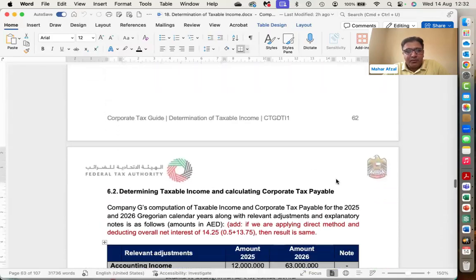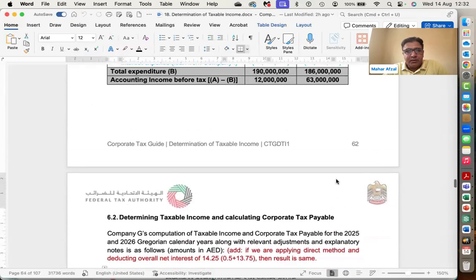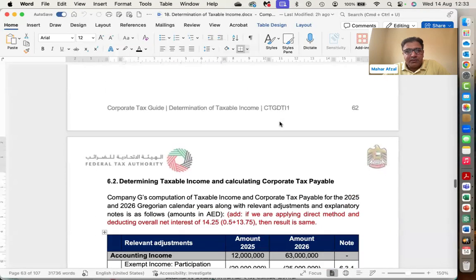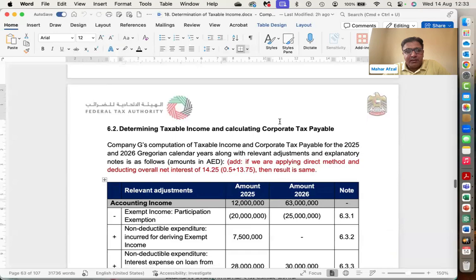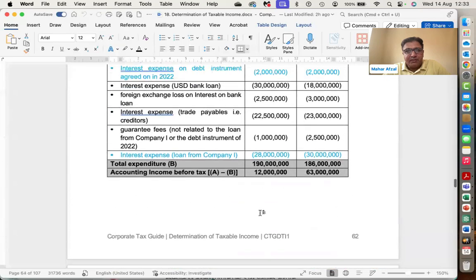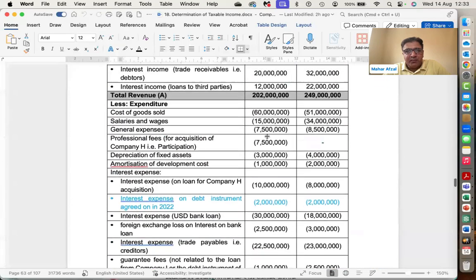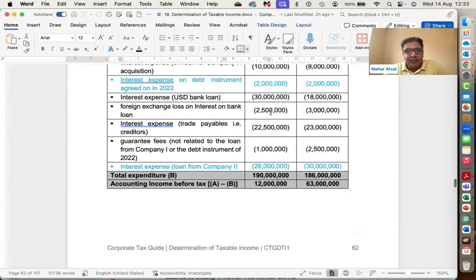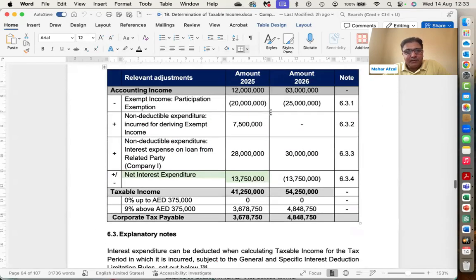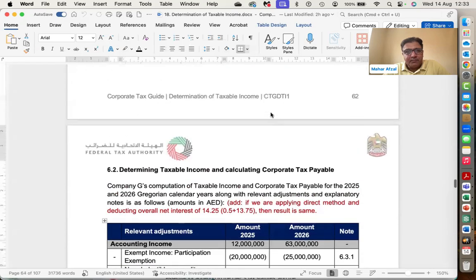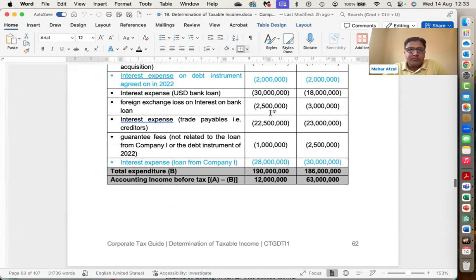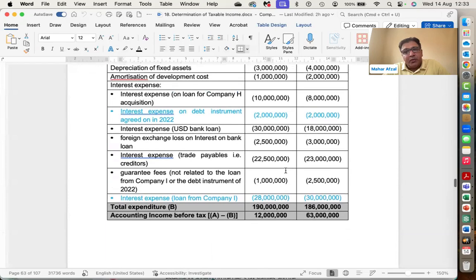So if I'm going through 12 million plus 28 million plus 28 million plus 7.5 million less my dividend income 20 million. Okay, we need to add back this interest as well. Altogether we need to add back. Then we need to adjust because this interest has already been deducted.